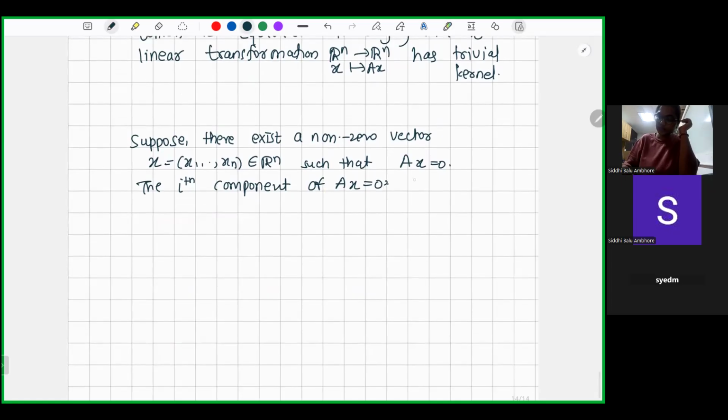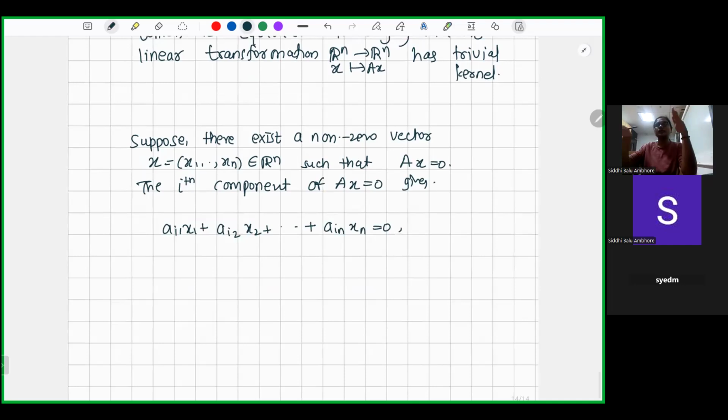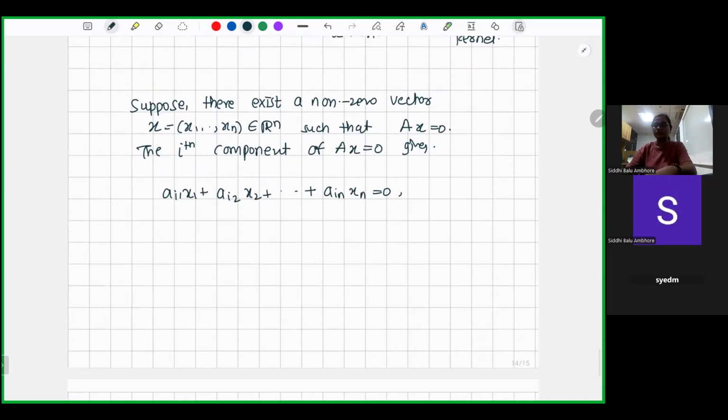This gives ai1 x1 plus ai2 x2 plus up to ain xn to be 0. That's the ith component of the column Ax, and each ith component of this Ax is this.